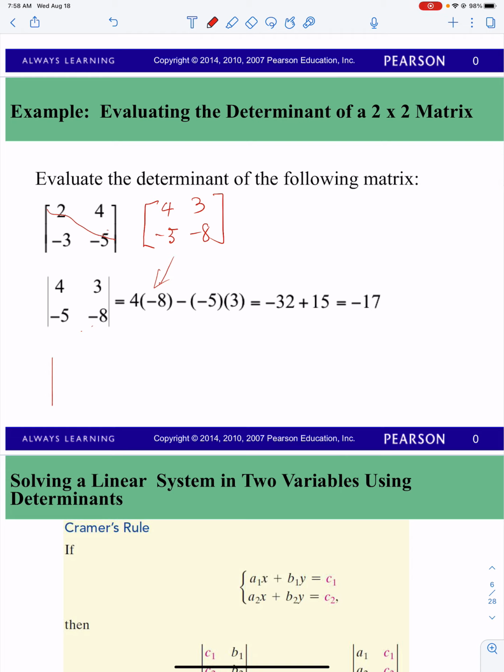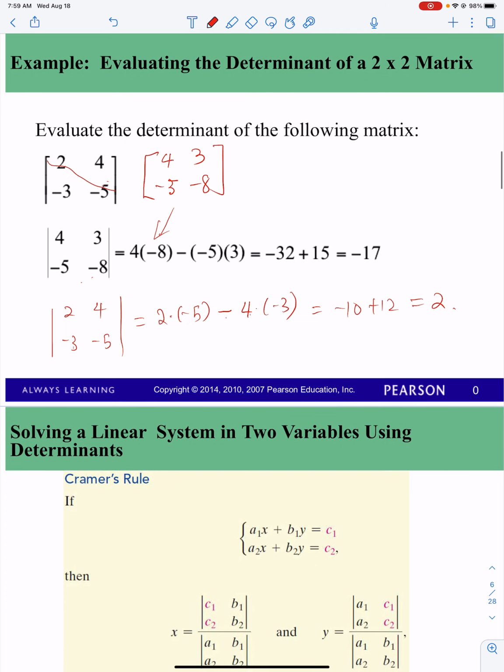How could you find the determinant 2, 4, -3, -5? It's 2 times -5 minus 4 times -3. Be careful with the sign. It's -10 minus 4 times -3, so plus 12, which is 2. I think when they arranged the PowerPoint slides, they didn't check it carefully.